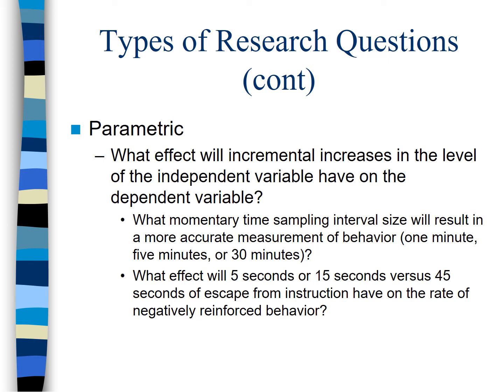So it would be 5 hours of programming a week versus 15 hours versus 25 hours or something like that. So the dependent variable would be some measure of learning, correct performance or acquisition, and then the independent variable is presented at different levels, and you're comparing those three.